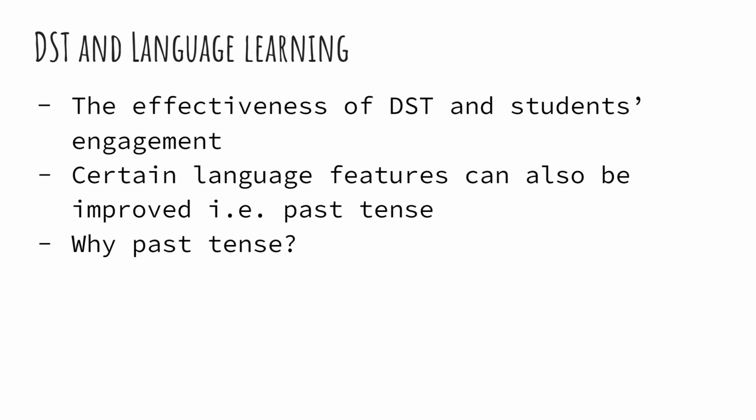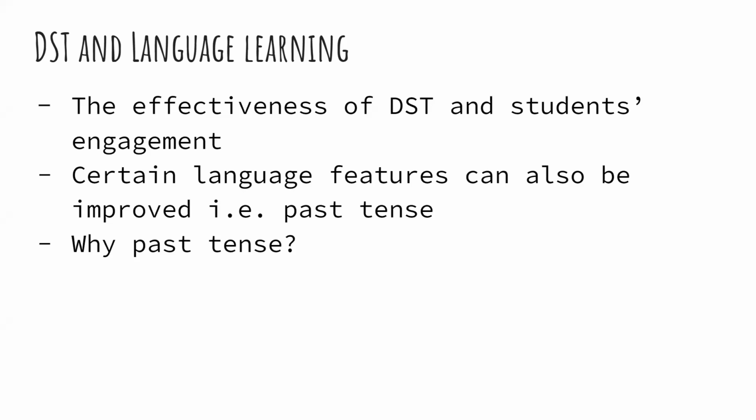When we look more specifically at some of the language features, if you work on your digital storytelling, most of the time you would normally improve the use of past tense. Why past tense? I think it's clear, right?